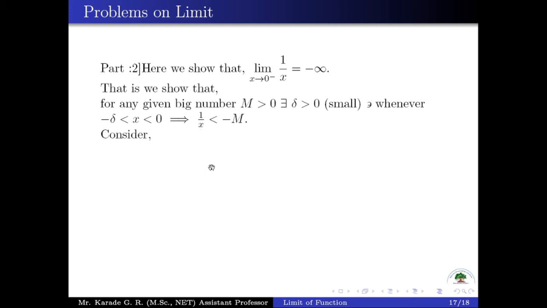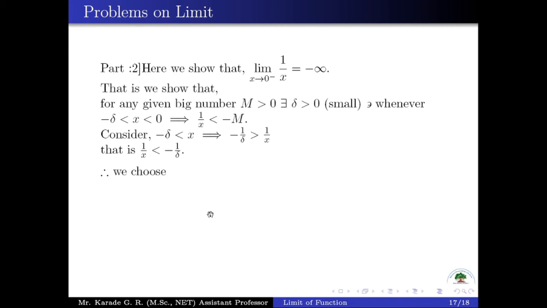Okay, now consider the part minus delta is less than x. If I take the reciprocal, the inequality will get changed and minus 1 upon delta becomes greater than 1 upon x. That is, 1 upon x is less than minus 1 upon delta.